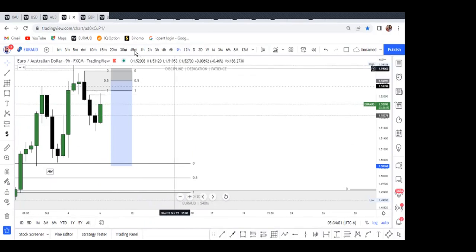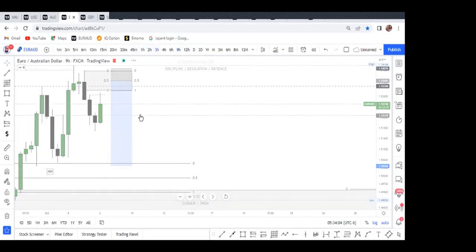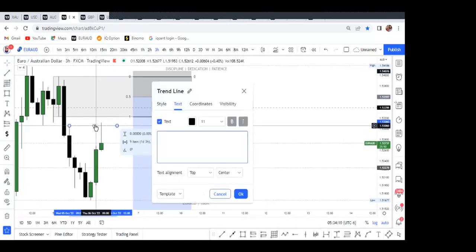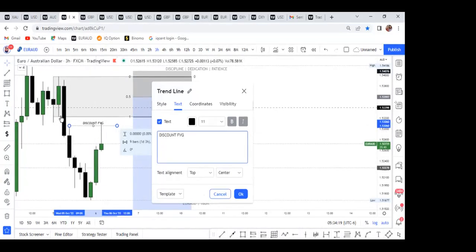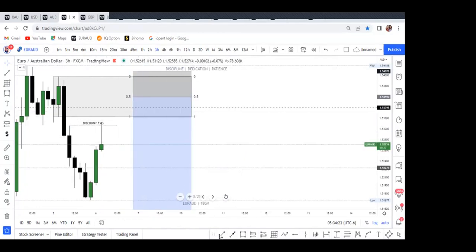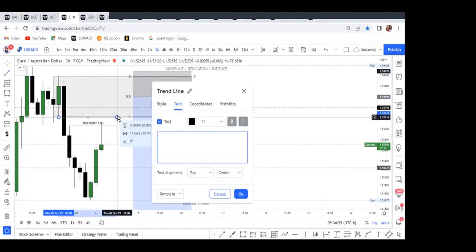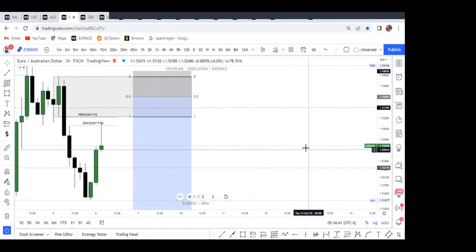On the 3 hour, it bounced off this 3 hour fair value gap. You see the rejection? Very serious.